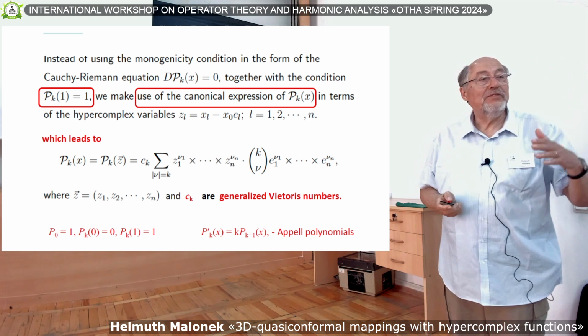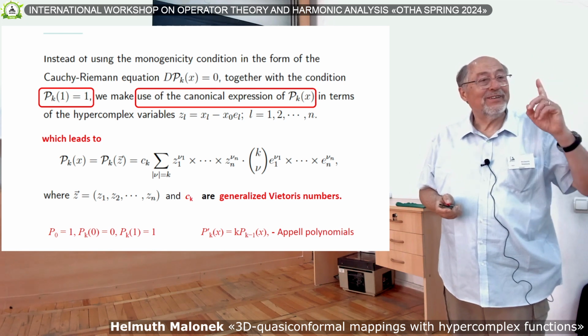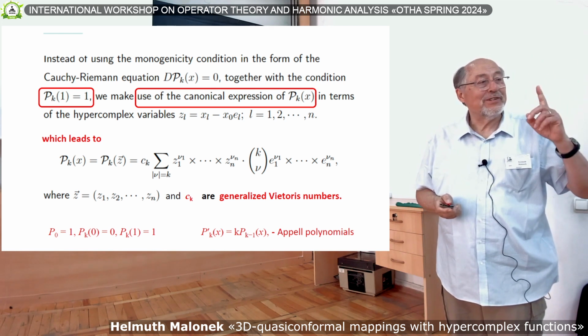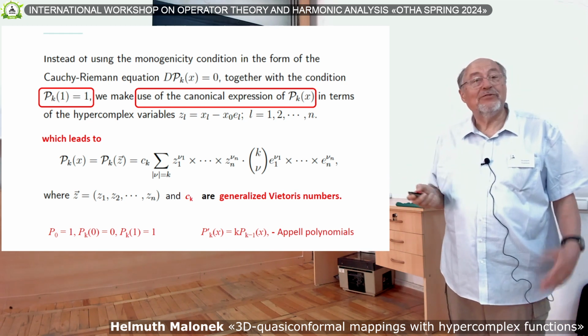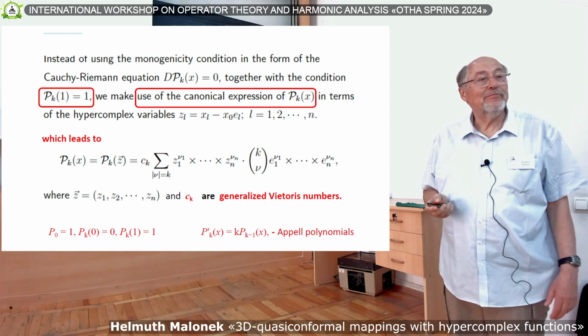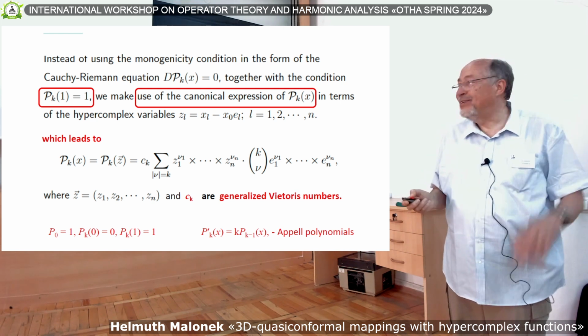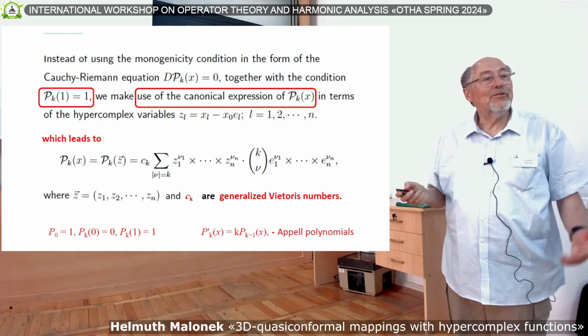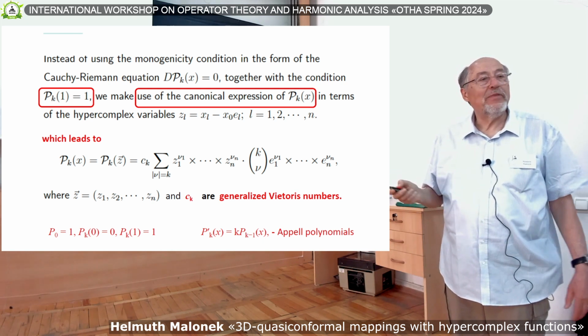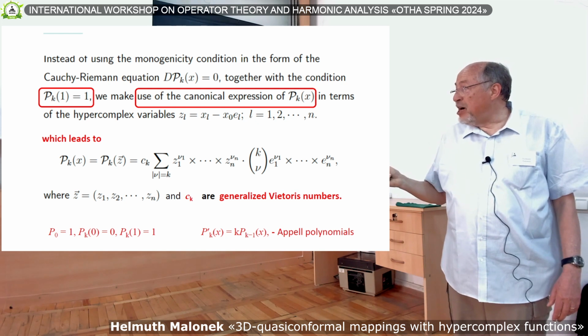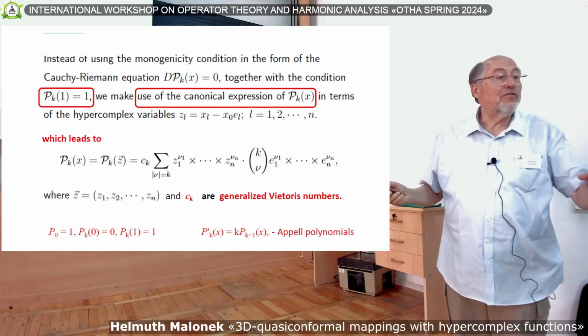This comes from positivity. Yesterday, this word positivity was mentioned. And this was also a forgotten paper of Vietoris, a famous Austrian mathematician in topology and all the stuff, you know him. He wrote some pages for the Austrian Academy, where these numbers appeared, but only for the plane case.